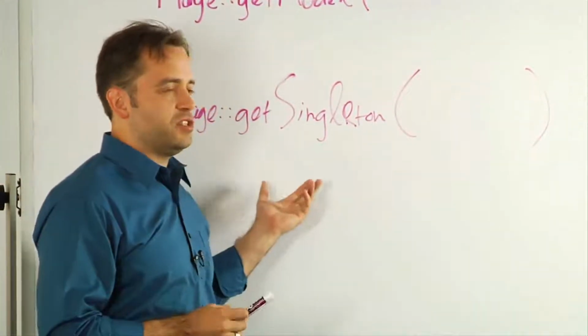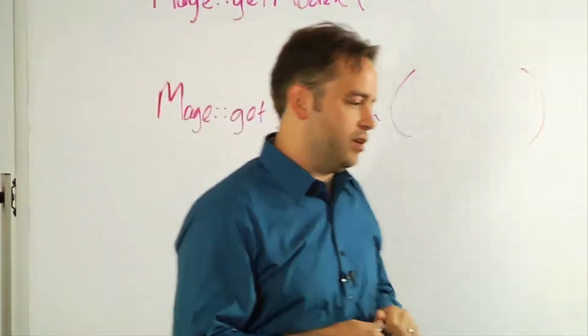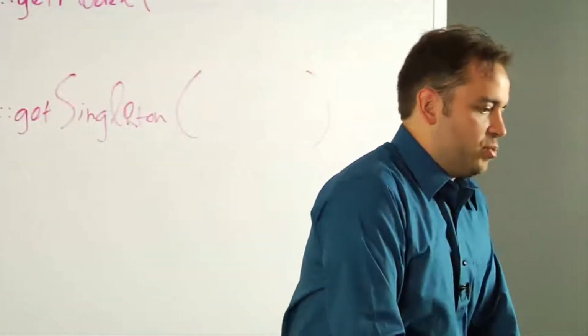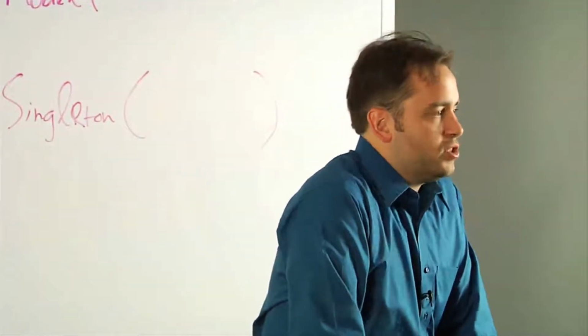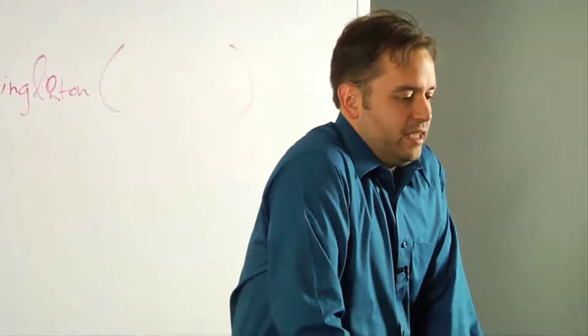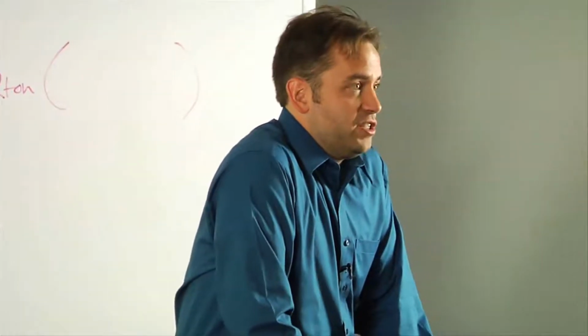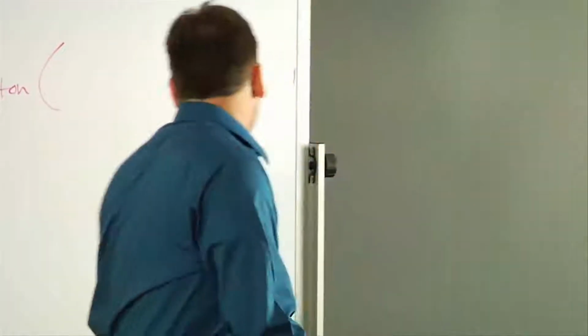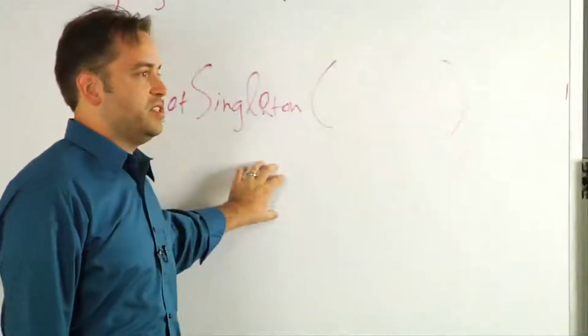What happens with singletons traditionally is their constructor is protected. You basically call some function to get an instance. Basically, the class instantiates itself, or there's some factory method like we have here that will get an instance of an object.